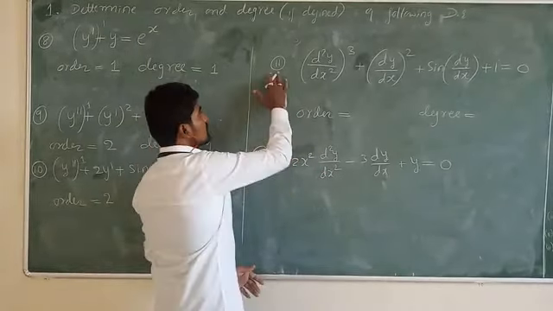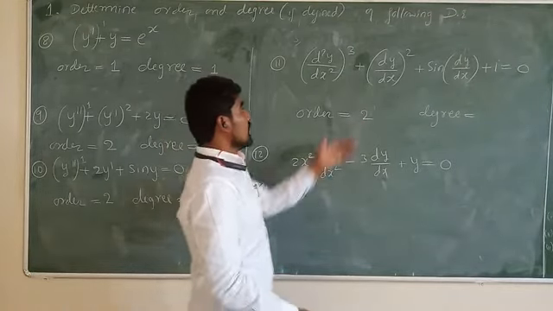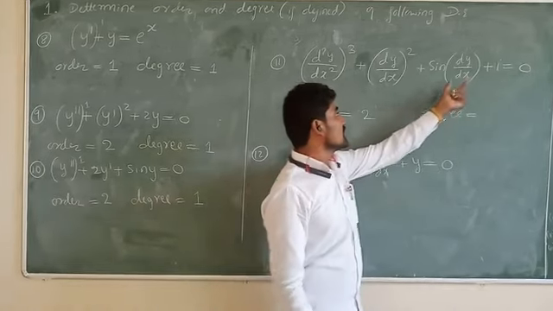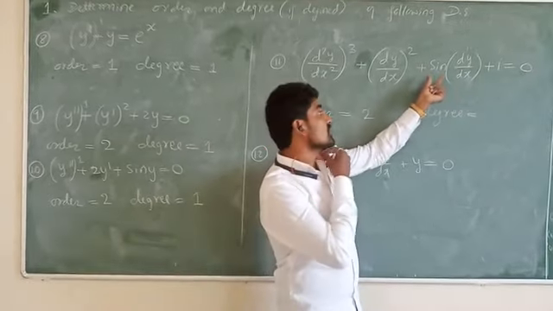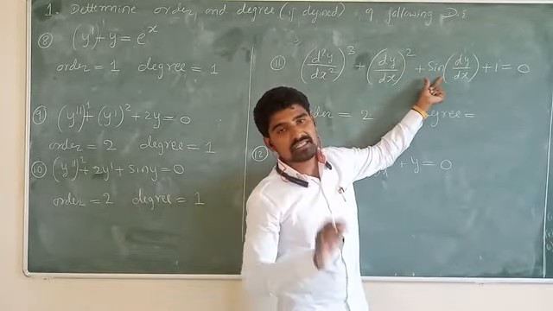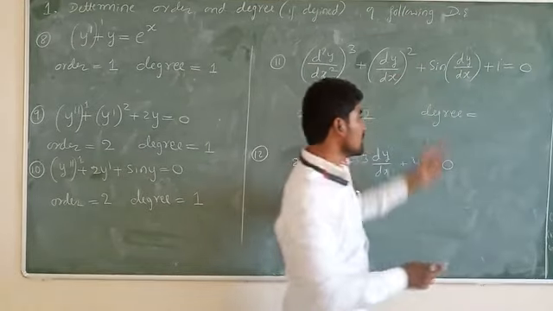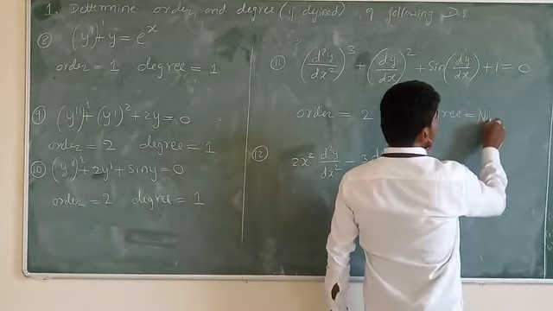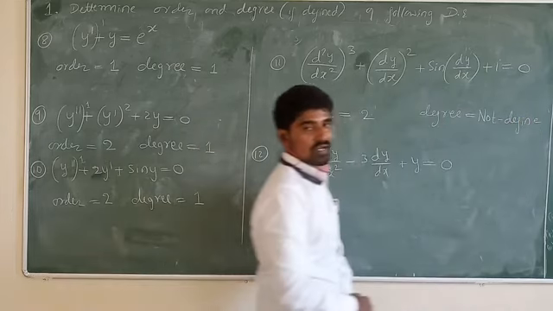Therefore the order of this differential equation is 2. And in this differential equation the derivative dy by dx is involved with the sin function. Therefore this differential equation is not a polynomial in derivatives. Hence the degree of this differential equation is what? Not defined. I hope all of you understand.